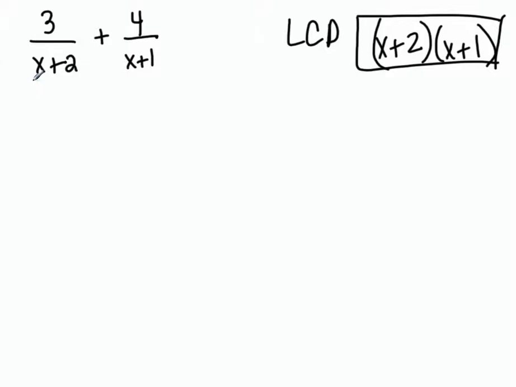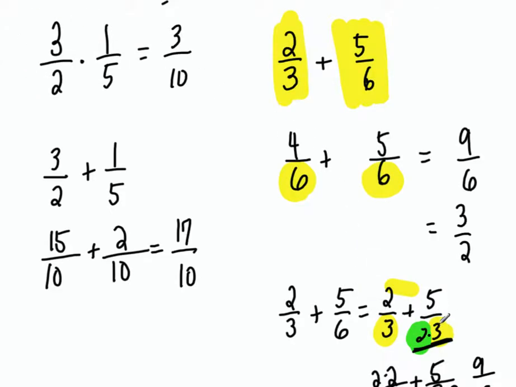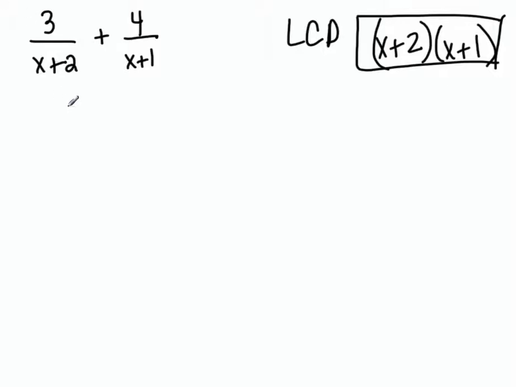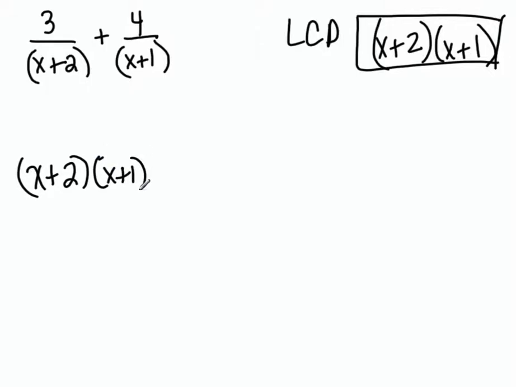So what is the factor here? It's just like this one. When I had 3 and 2 here, I had a factor of 2 and a factor of 3. What's the factor here? x plus 2 and the x plus 1. So I have to have at least one of the x plus 2s and the x plus 1. Are you with me? Yep.